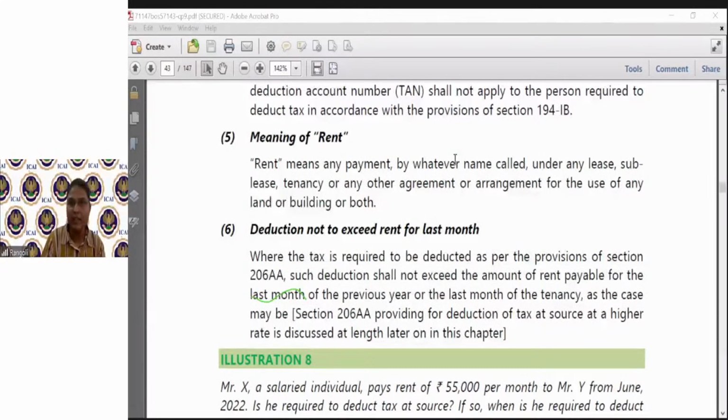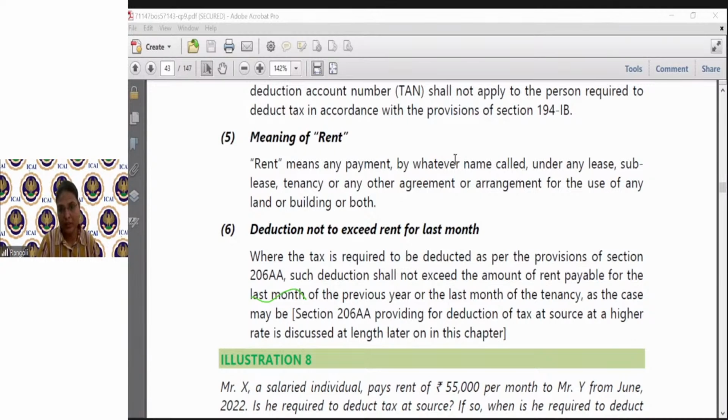So here the maximum rate of TDS is 20%. So if the payee has not provided his PAN to the payer, then the payer is required to deduct TDS at the rate of 20%.